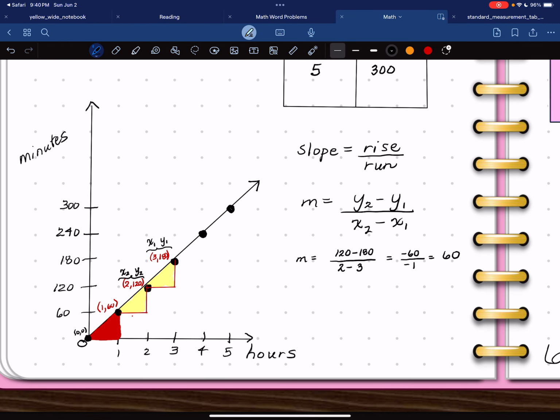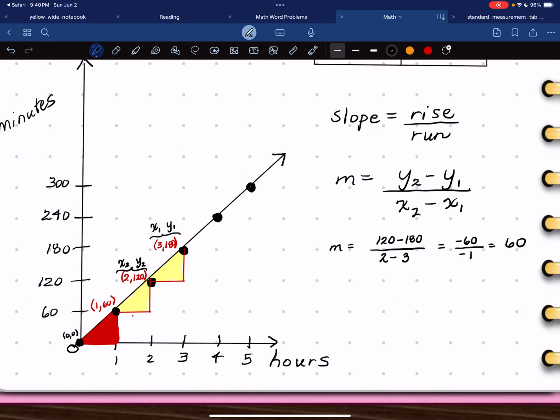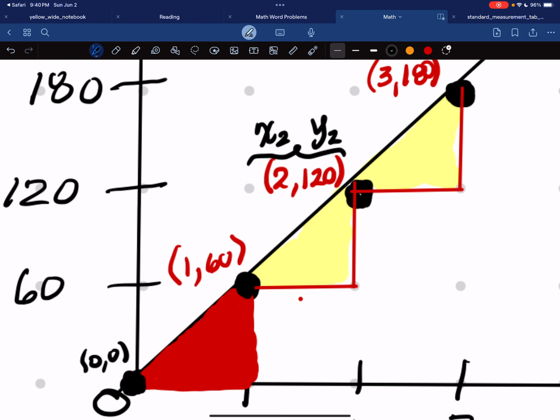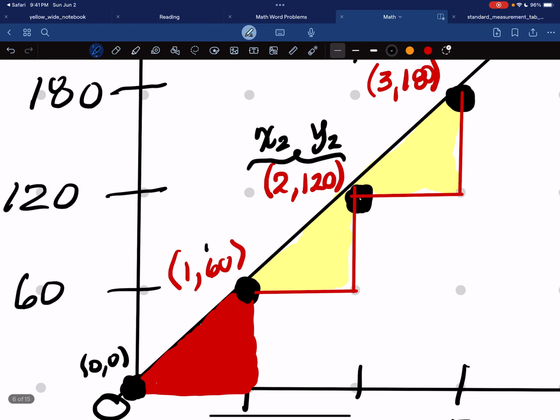And that makes sense to me because of this. When x is 1, y is 60. And so that confirms the idea that my slope is 60, which is the rise over the run. 60 over 1 is 60.